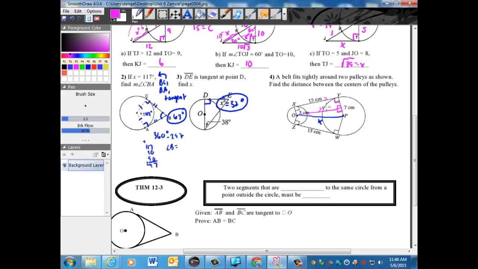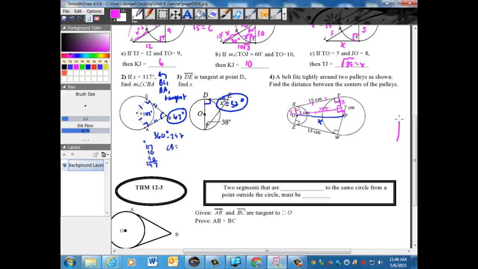So this length is going to be 15. And if I know that these two sides are the same, well, this radius is 3, so this radius is 3, which makes this side of the rectangle 3 as well. And if this radius is 7, that means this piece is going to be 4.